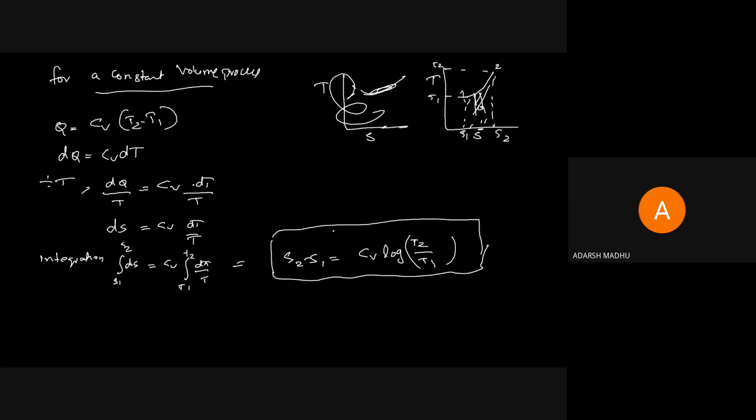The figure is the same as for the constant volume process, but the slope is not as steep; it is drawn a little more inclined. This equation, S2 minus S1 equal to Cv log T2 by T1, is for the constant volume process. Second is the constant pressure process.